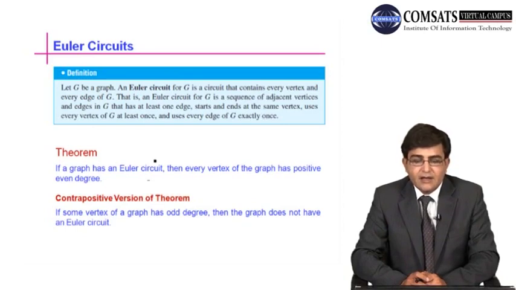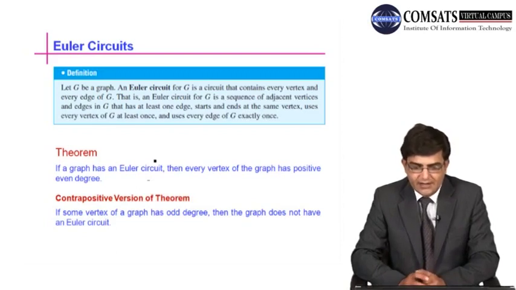That is, an Euler circuit for G is a sequence of adjacent vertices and edges in G that has at least one edge. Starting and ending point is also the same in the Euler circuit, and it uses every vertex of G at least once. That is, at least once means here that vertices can be repeated in the Euler circuit, and it uses every edge of G exactly once.